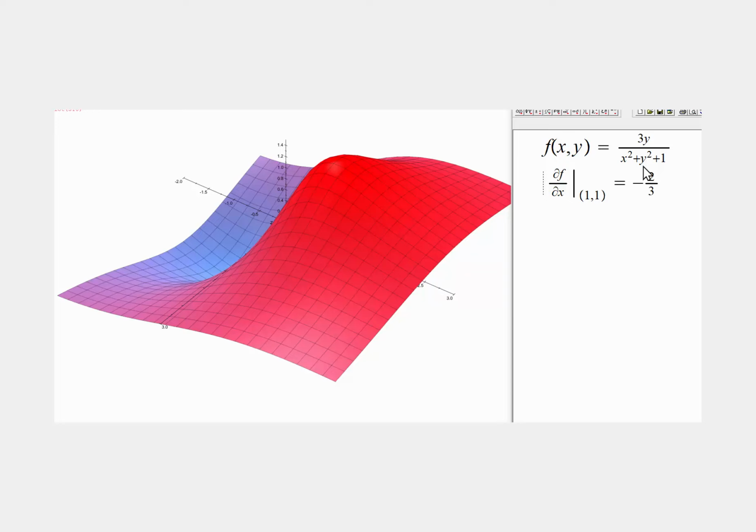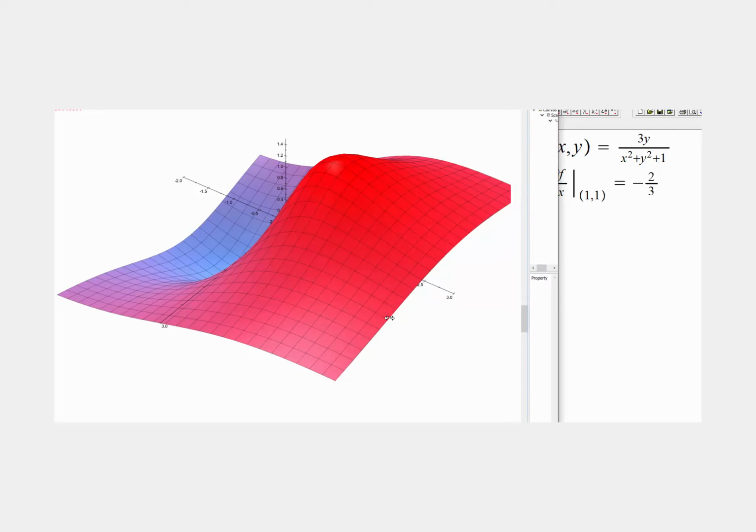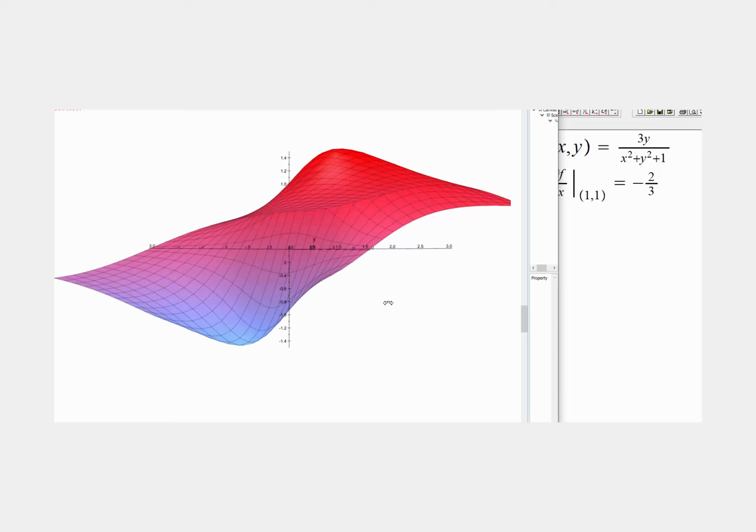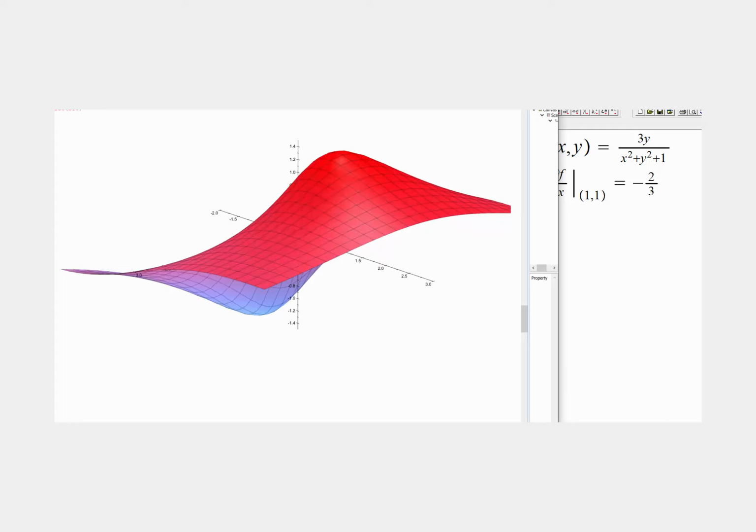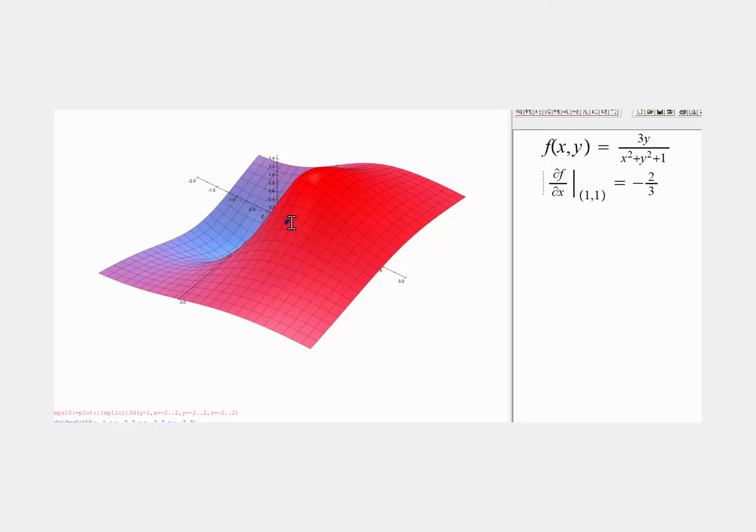We computed the partial derivative of this function at 1, 1 as negative 2/3. So if we look at the point with coordinates 1 and 1, here we have the point on the surface with coordinates x equals 1 and y equals 1.